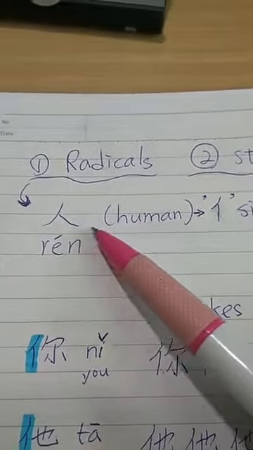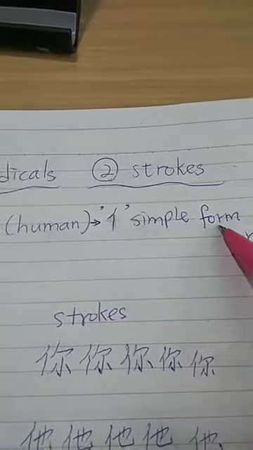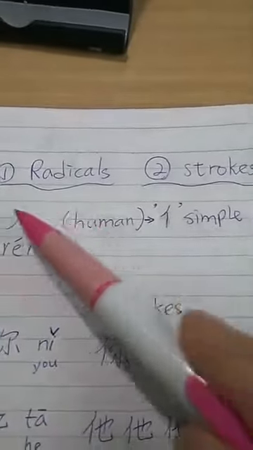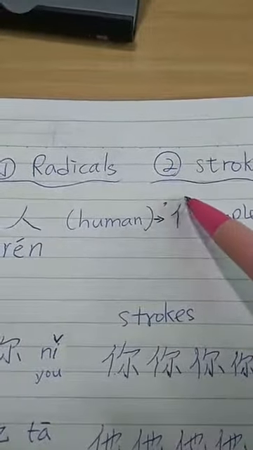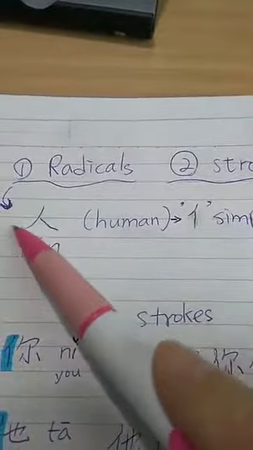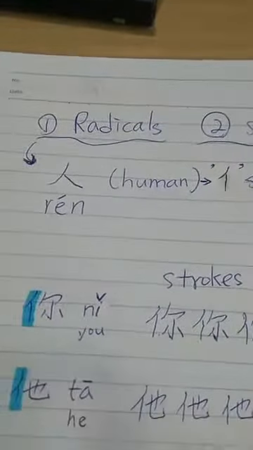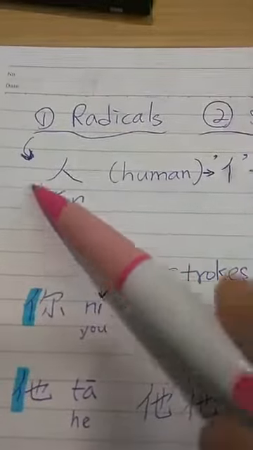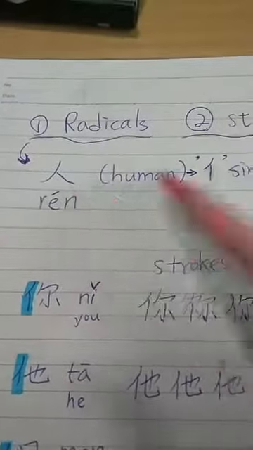For some radicals, we have a simple form, and you can write these radicals simpler. So this is the simple form of this radical, 人. In some Chinese words, it doesn't write like this.